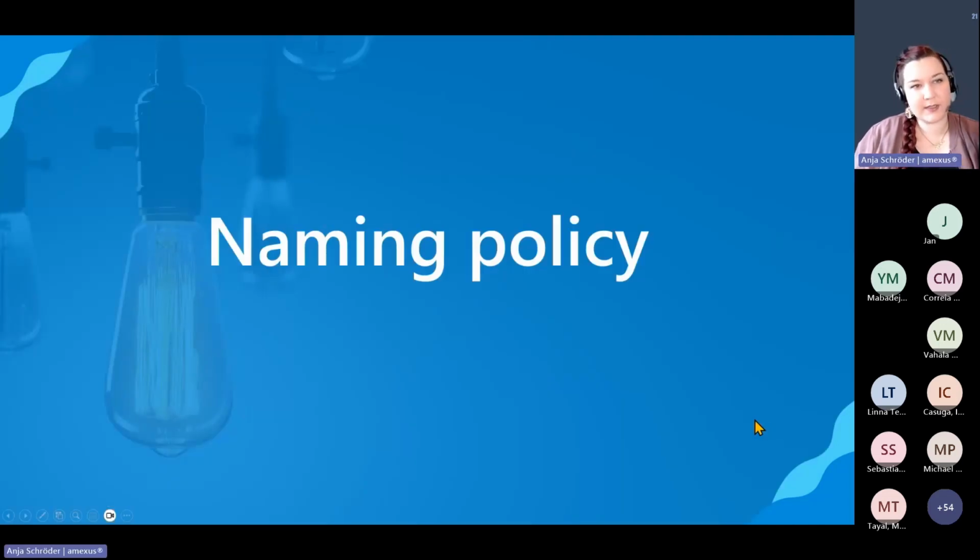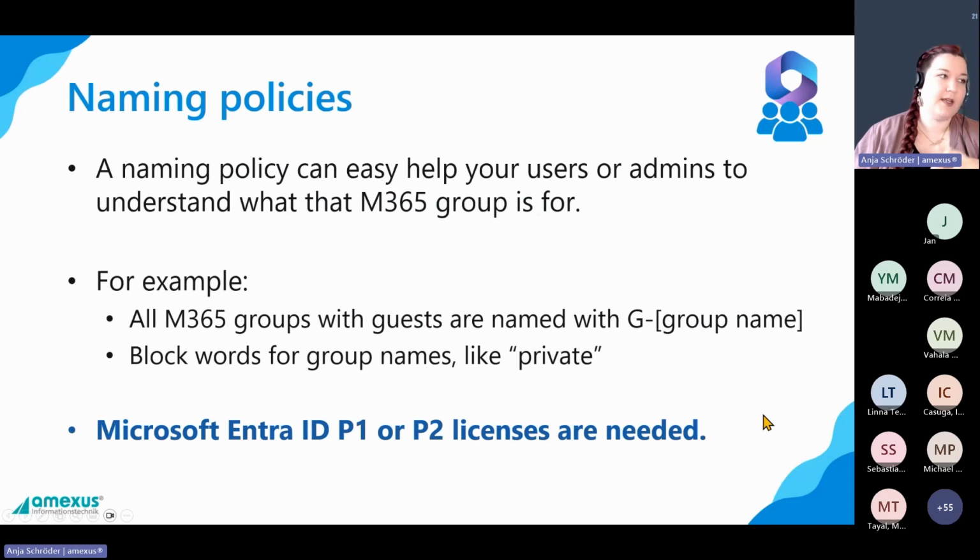Okay, there are 2 more options. Maybe you saw them during our group creation. So naming policies. You can give your Microsoft 365 groups a naming policy so that every group you create starts with a special character or ends with a special configuration.